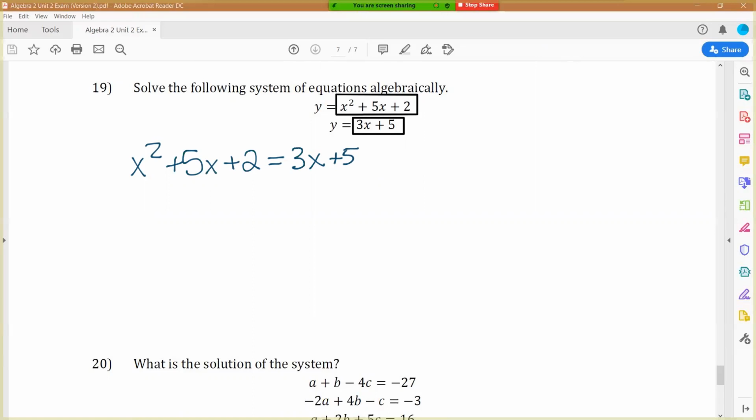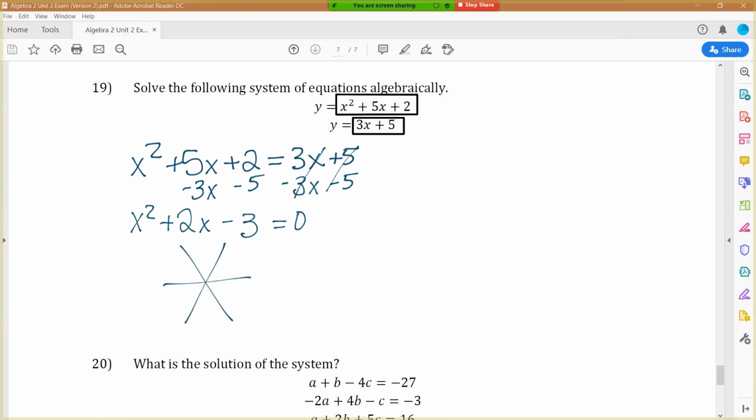For the next part, you're going to get 0 on one side, so subtract 3x and subtract 5, so minus 3x minus 5. That gives me x squared plus 2x minus 3. So that gives me a quadratic in which I need to factor.